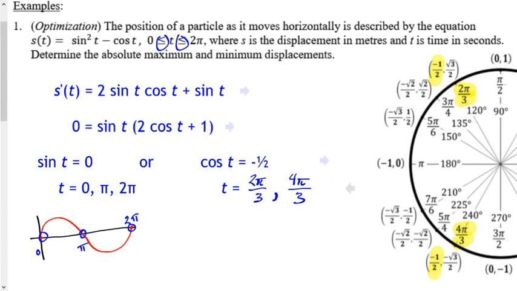Another way that you may have done it, if you thought about the special triangles instead, is if cosine is negative 1/2, we would think of this as x over r. My r value is always positive, so my x value will end up being negative, so I'm going in the negative direction 1 unit.